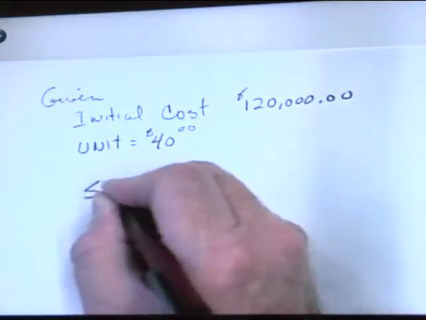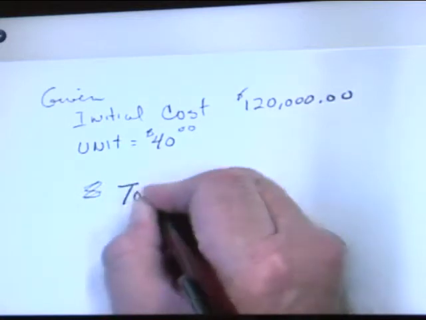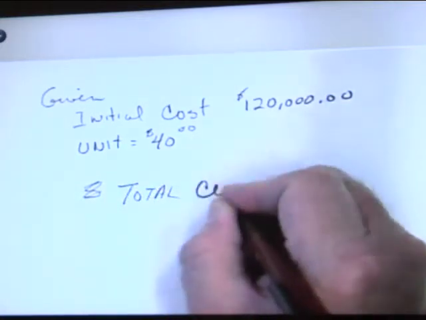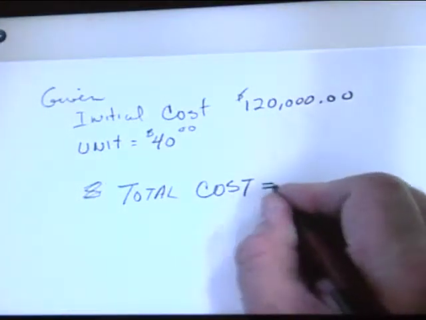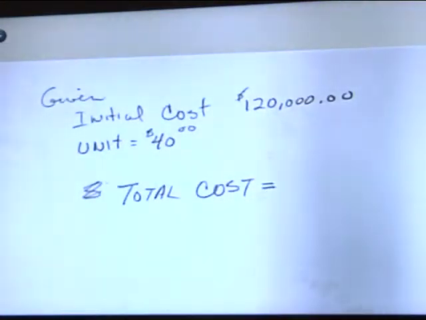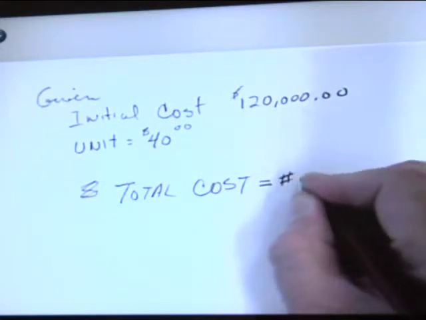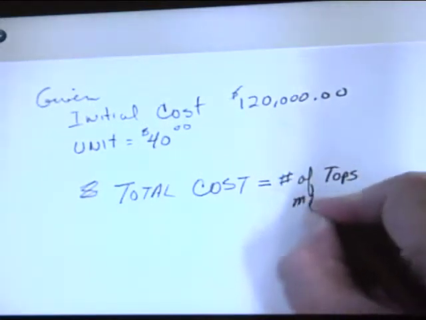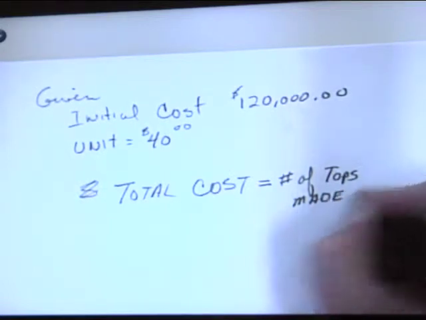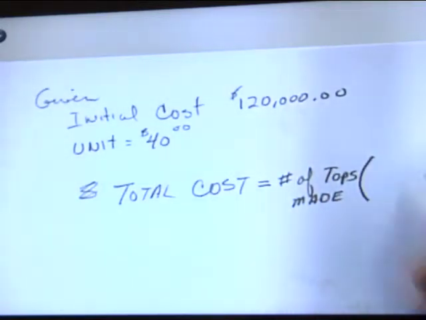So what's our total cost going to be? What do we need to know in order to figure out the total cost? How many are going to be made? So the total cost is going to be the number of tops made times the unit cost, 40.